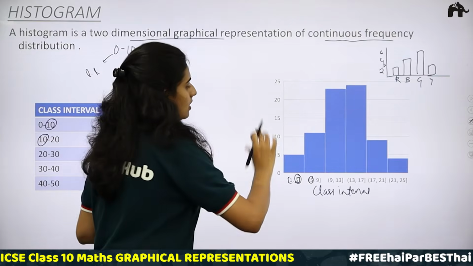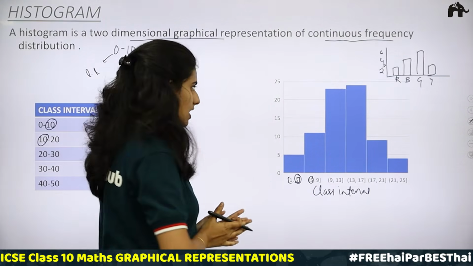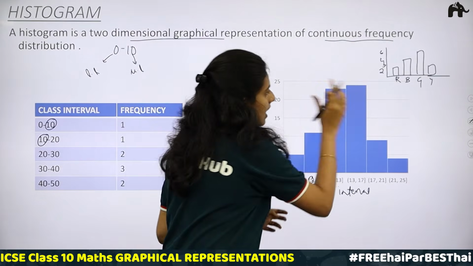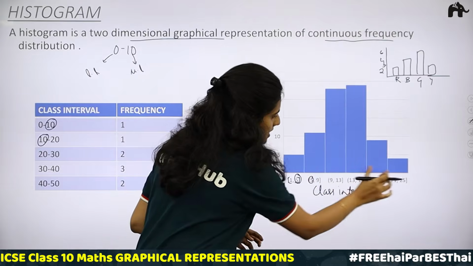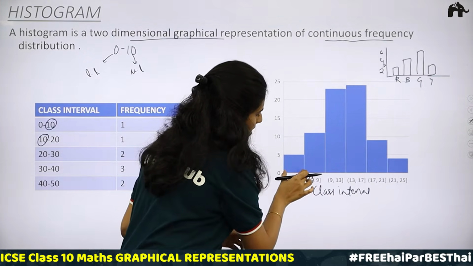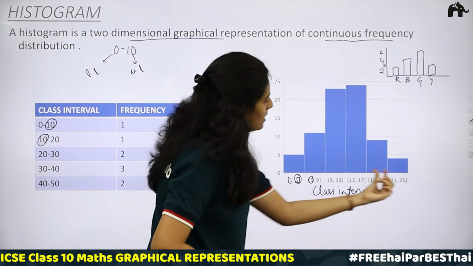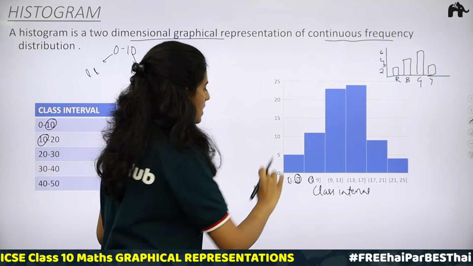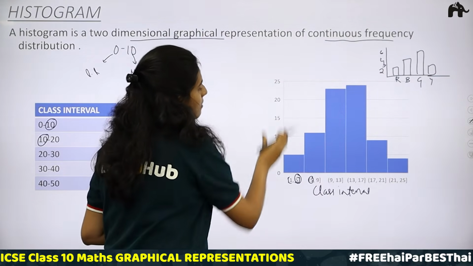Clear? Now, these rectangles are used to represent the data. When you check these rectangles, how does the area increase? Here the intervals are the same, so the length of the rectangles along the x-axis is always the same. What is the difference? The breadth is changing, depending on the frequencies.